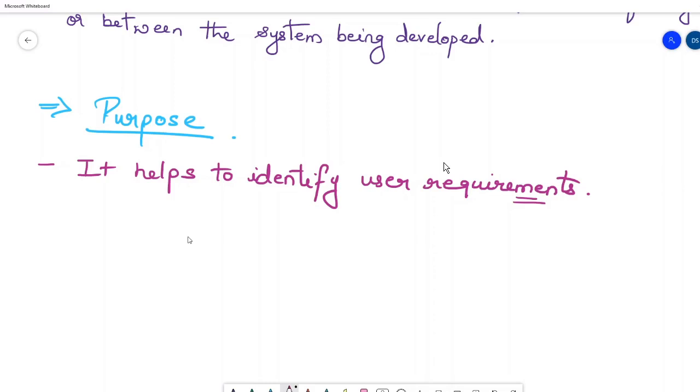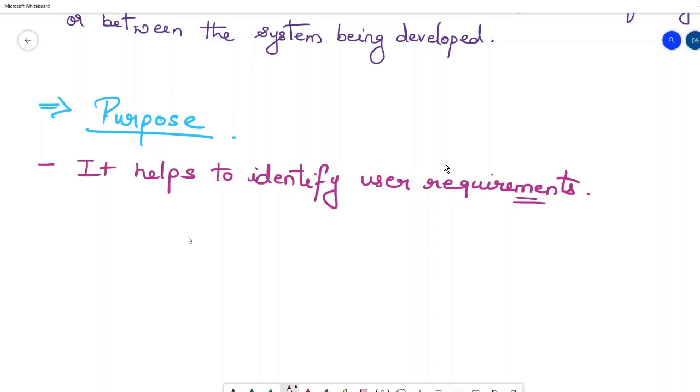It also describes the message flow in the system. So these are the reasons why we draw an interaction model for any proposed project, system or methodology.